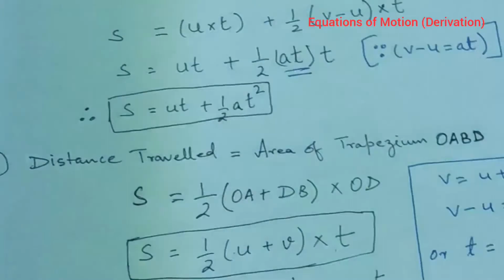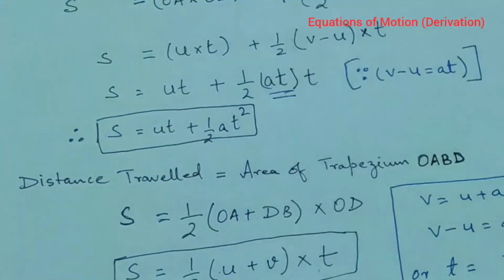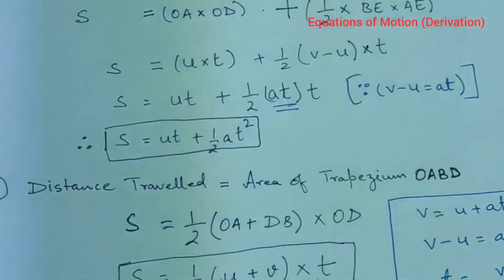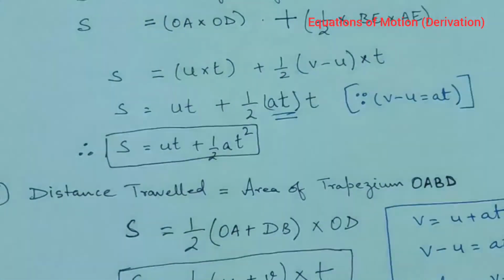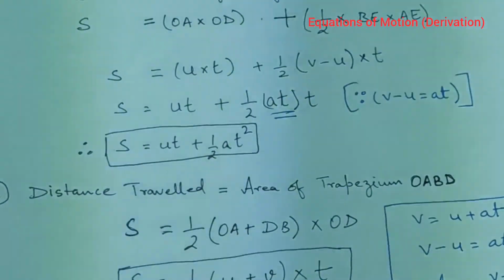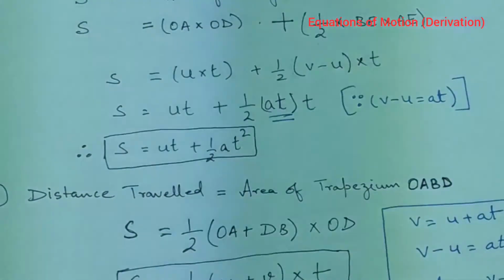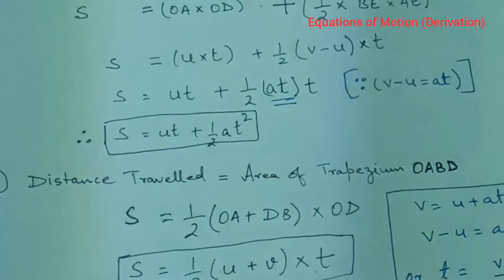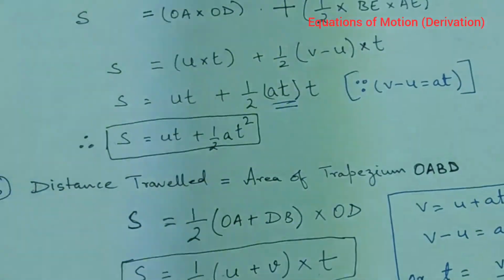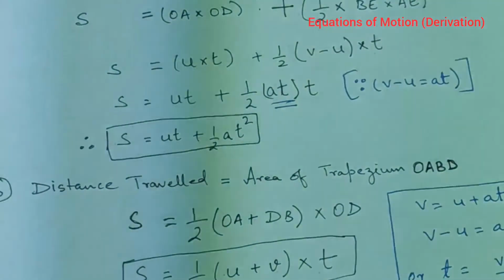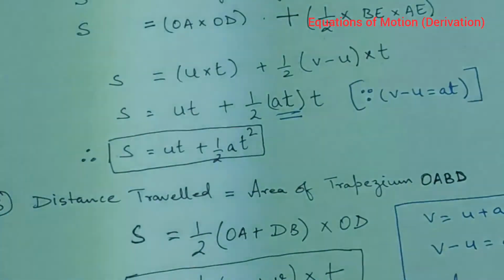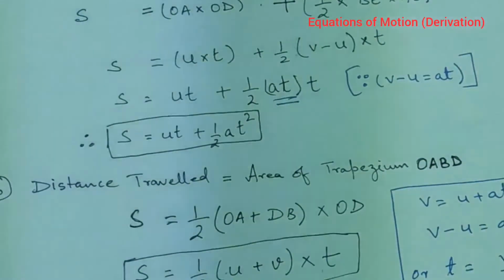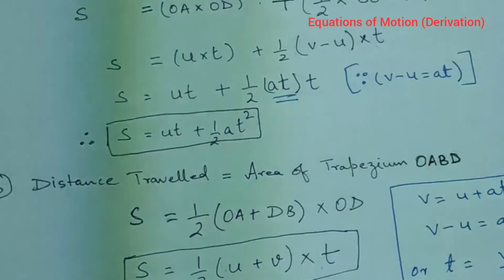Here we have used the formula a square minus b square: a minus b and a plus b give us a square minus b square. Then 2a is equal to s. Cross multiplying, we get 2as is equal to v square minus u square, and rearranging the terms, we get the third equation of motion, v square is equal to u square plus 2as.